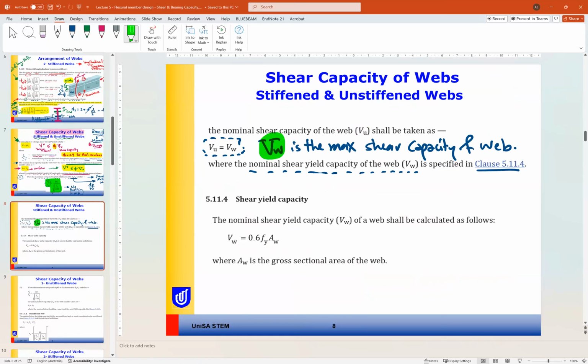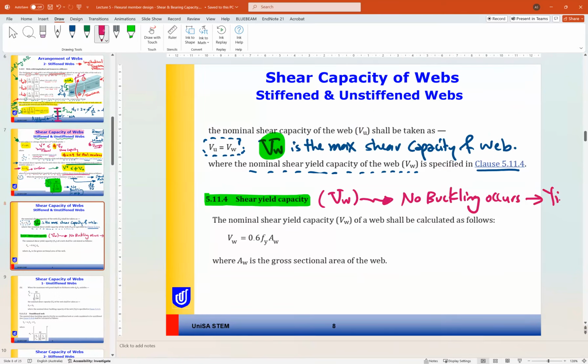So VW is the shear yield capacity because in this case, no buckling occurs. No buckling means that yielding occurs.